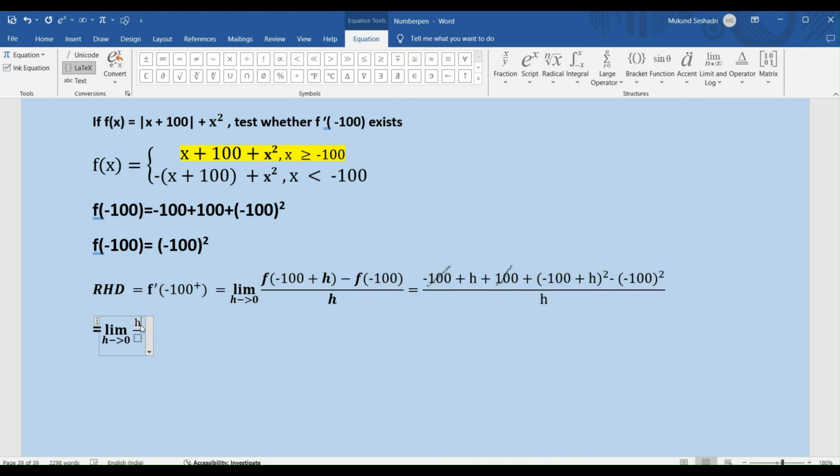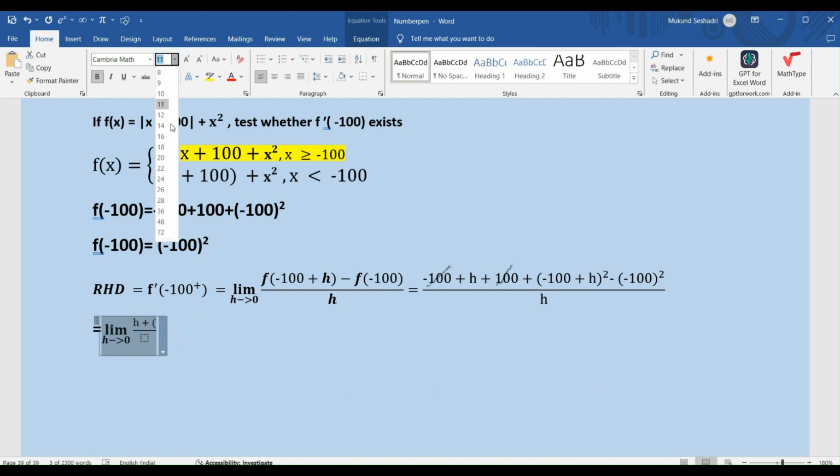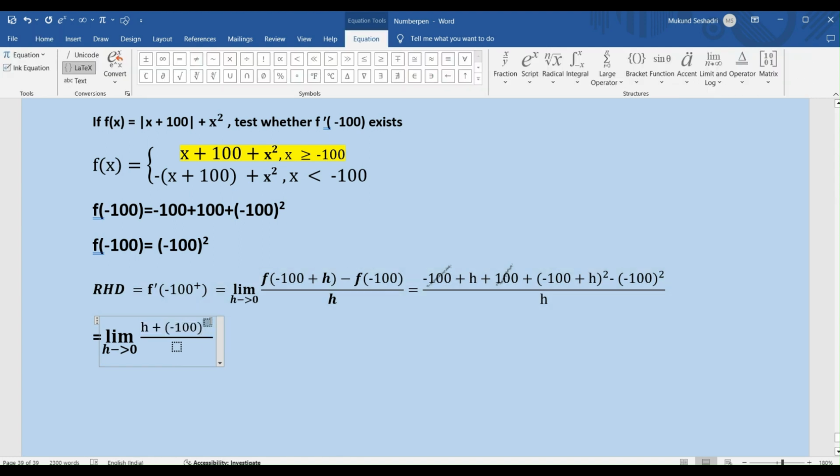So my h is retained as it is, and my minus 100 plus h the whole square is nothing but of the format a plus b the whole square, right? So I think we can further expand that. So let's do that. And what do we get? My minus 100 the whole square is nothing but minus 100 square, which is my a square, plus my b square, which is h square, right?